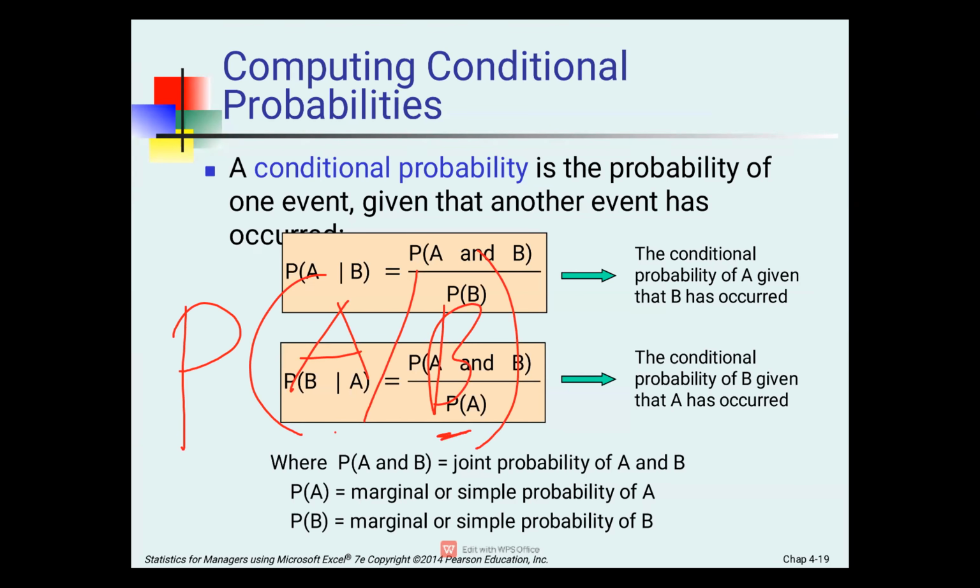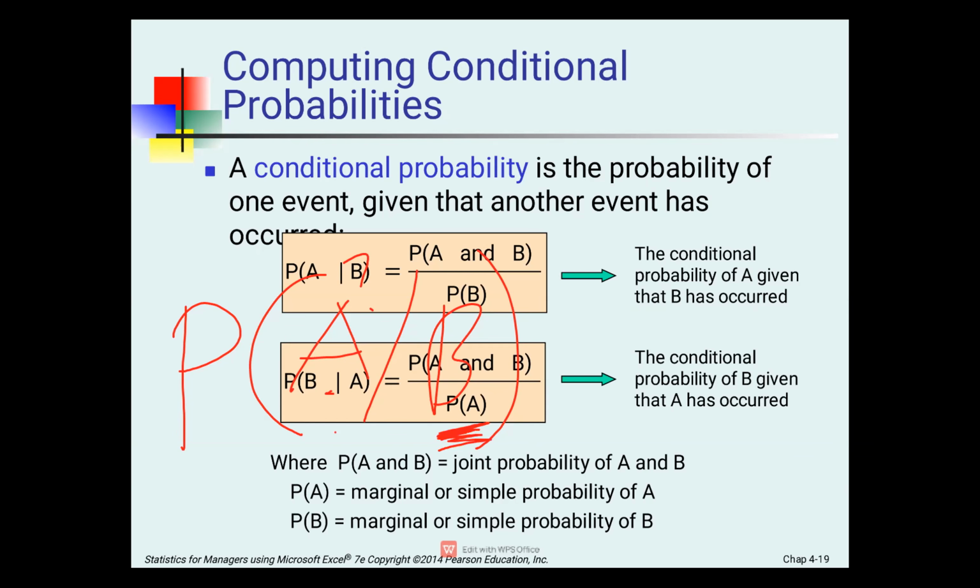That is very important. The probability of finding A given that B has already been found. You understanding?